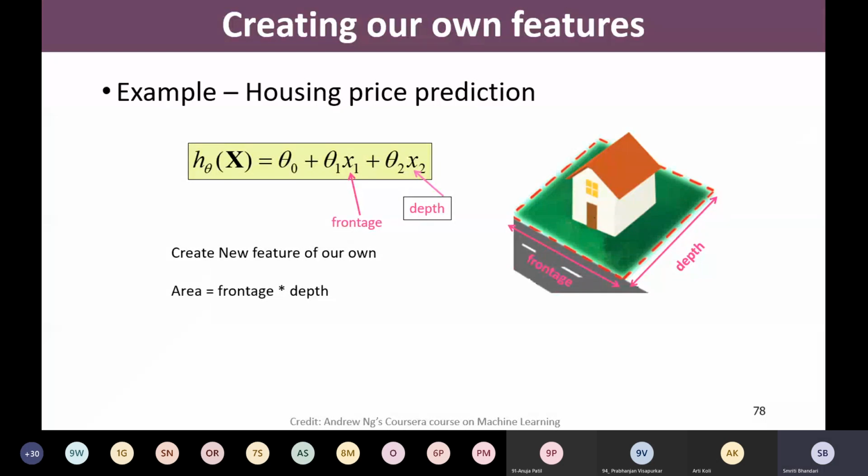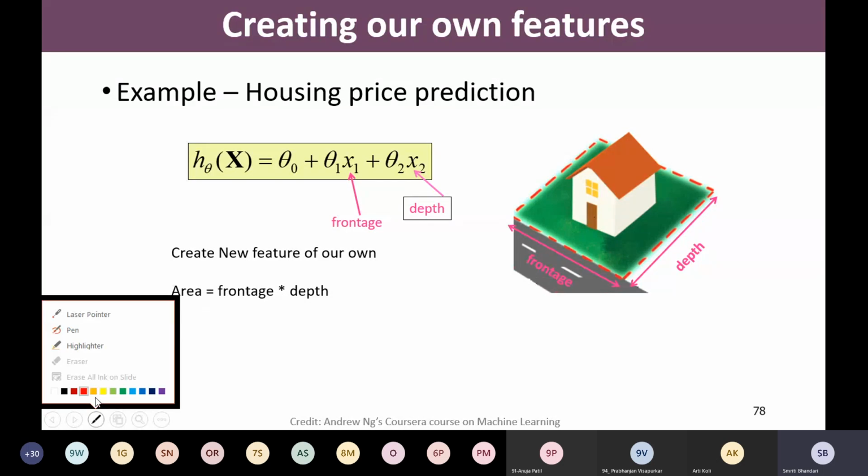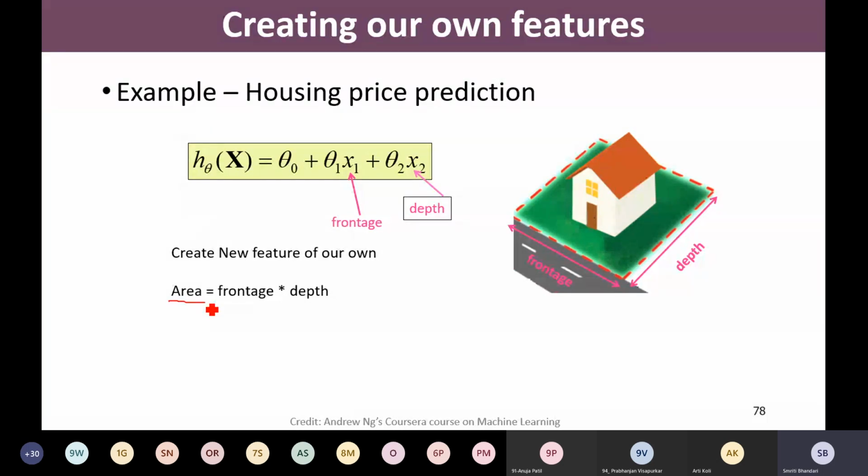right? So instead of having these two features separately, we may think like this. Based on these two features, we create our own feature, and that is area. So we may use this feature, area, to come up with our hypothesis.